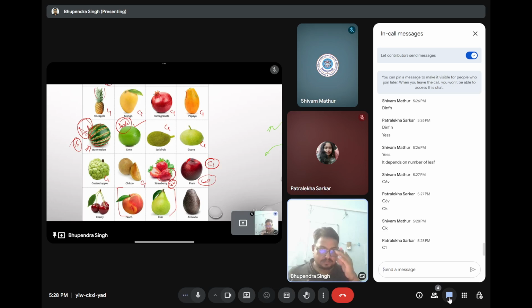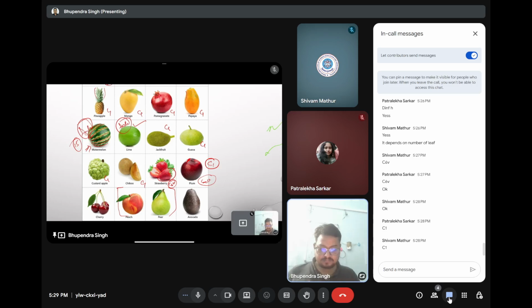C1. Okay, let's say if we consider this is the plane which is bisecting the pear in two pieces with the leaf.